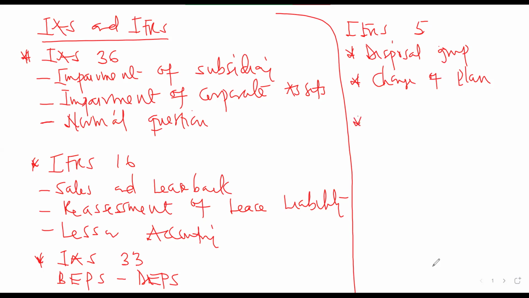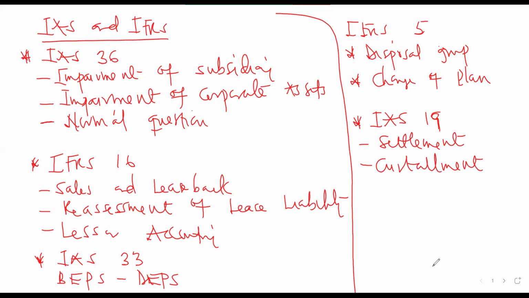So we also look at IAS 19, employee benefits. The question can be given to you as a normal question, or they can examine you on issues of settlement. Settlement is a situation where we are paying part of the obligation to those people. There might be a settlement loss or settlement gain. Or there can be an issue of what we call curtailment.